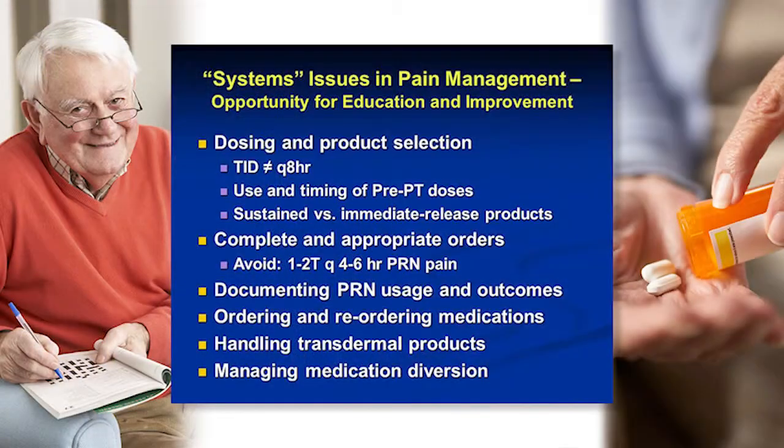And maybe recognizing that if you get an order for every 4 hours, that may impact your nurse's ability to give that medication through the night, especially if you have differing staffing levels depending on the type of facility you're working at. Especially for staff, I want to encourage you to document the outcomes when you're using as needed medications.